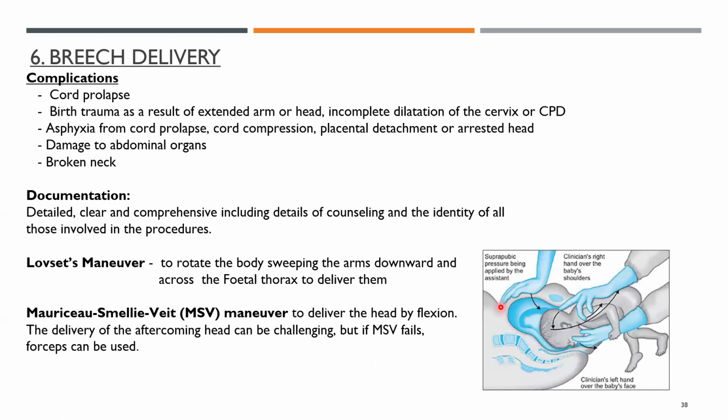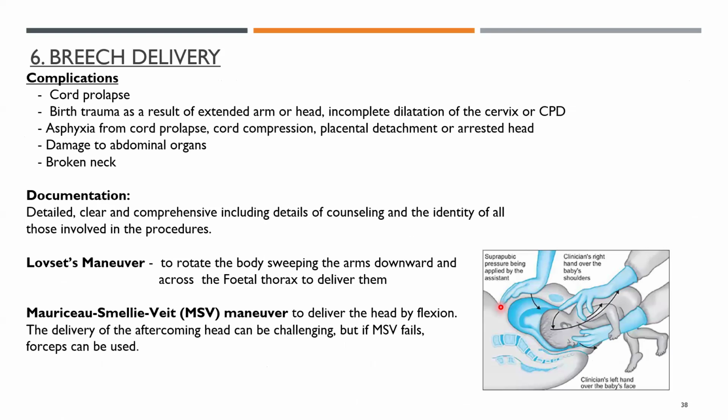Complications of breech delivery. There are a lot of complications, and this is why it's normally advised to go for a CS. There could be cord prolapse, birth trauma as a result of an extended arm or hand, incomplete dilation of the cervix, or CPD. Asphyxia can result from cord prolapse or cord compression, placental detachment, or an arrested head.